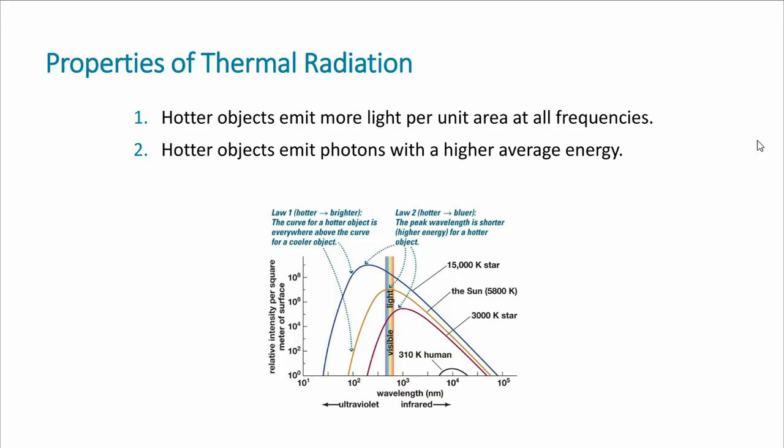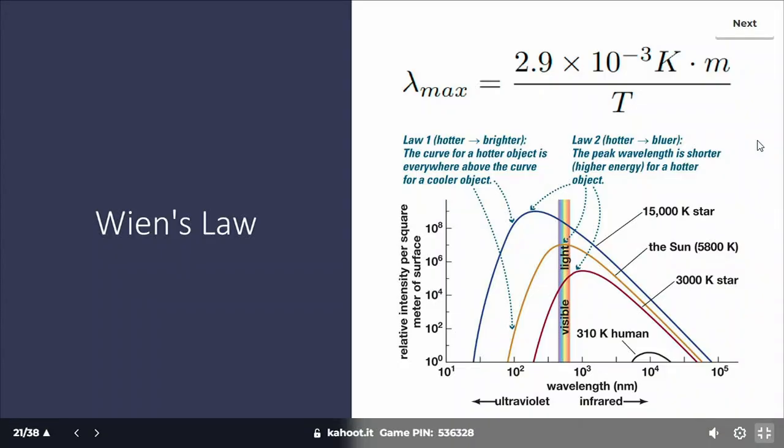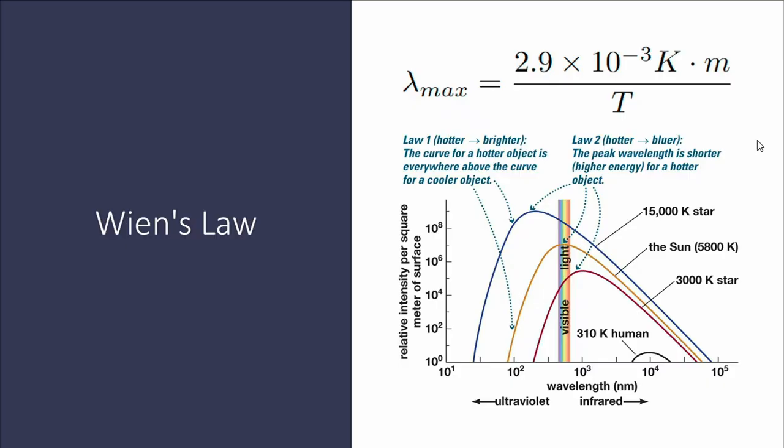So this is another way that we can figure out what the temperature of the star is, by looking for the peak of its energy output. And then using Wien's law, we can calculate exactly what that temperature is. So if you see the temperature of a star peaking in the visible wavelength light range, then it's going to have a temperature that's similar to the sun.